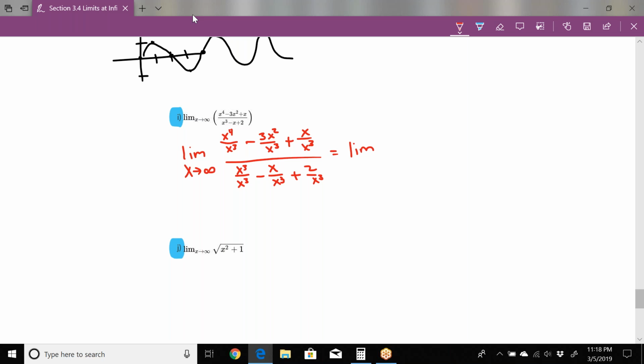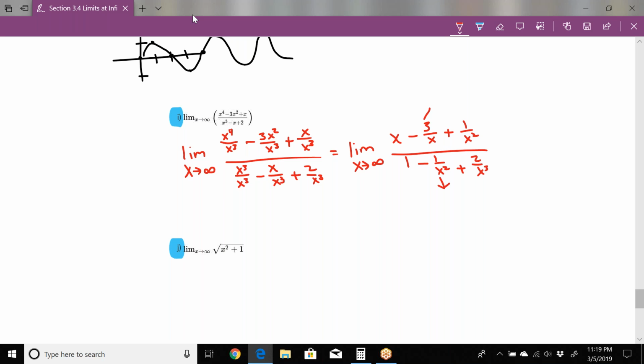Which means we have the limit as x approaches infinity of (x minus 3 over x plus 1 over x squared) over (1 minus 1 over x squared plus 2 over x cubed).